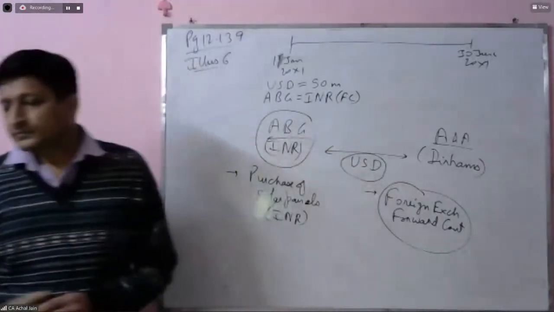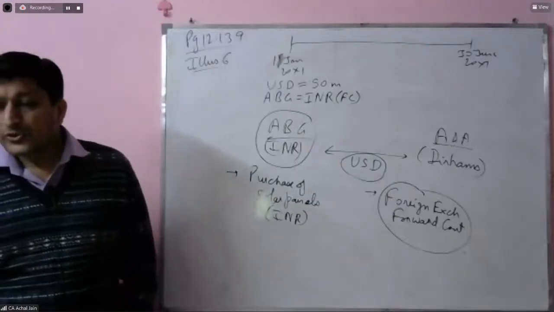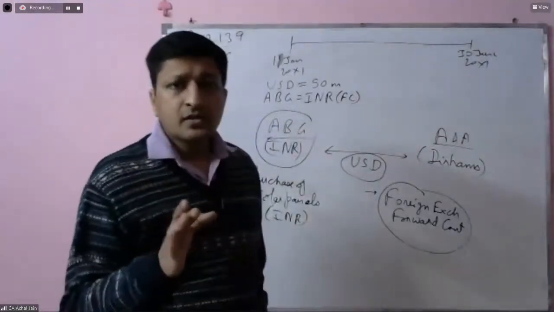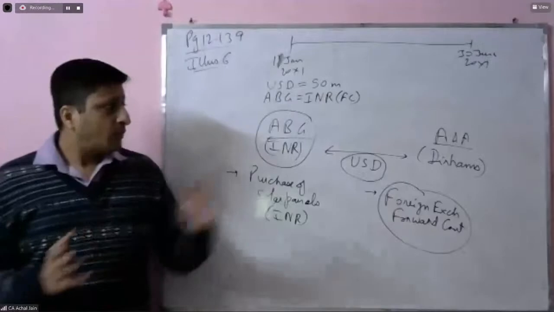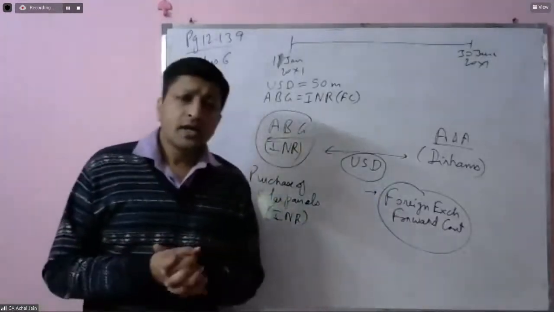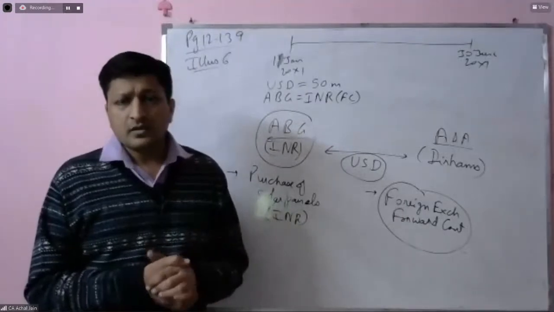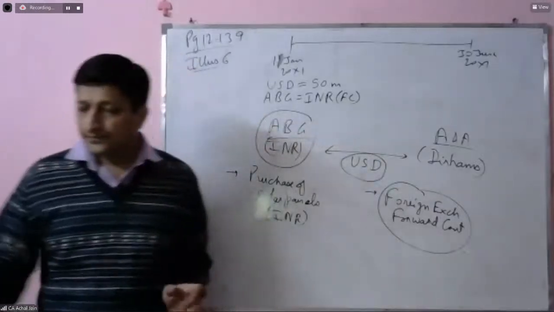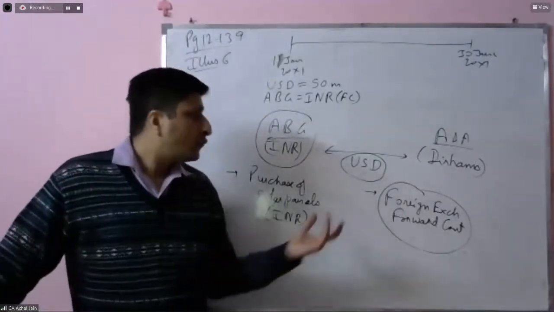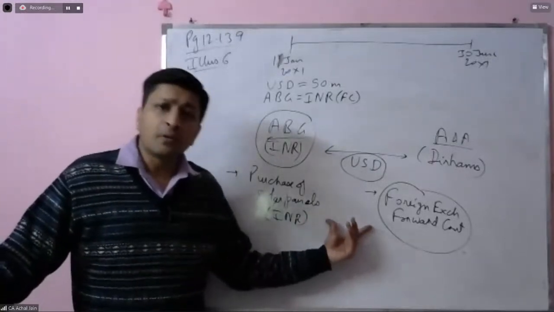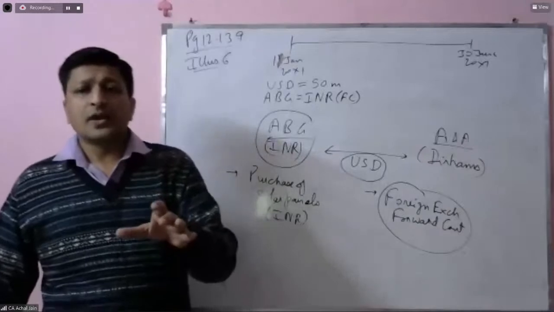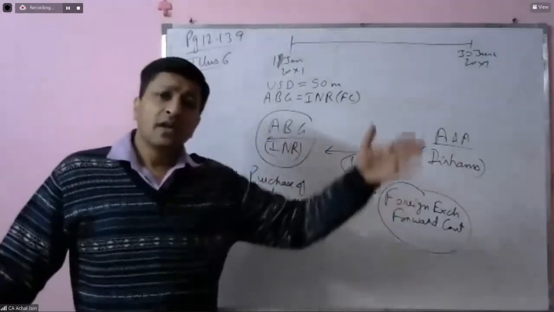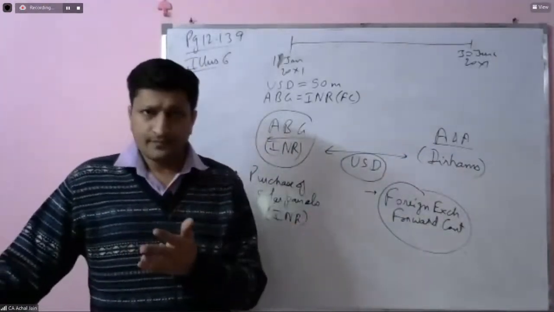Fine? Clear on this? If you have any questions on these two components, please let me know. Because if you are clear on these two components, then the remaining part of the solution will become very easy. In all of these types of instruments, the most complicated or challenging part you would face is getting into these two components. Because once you get these two components, I don't see any problem in terms of their accounting, because their accounting is something we have been discussing for so many sessions now.